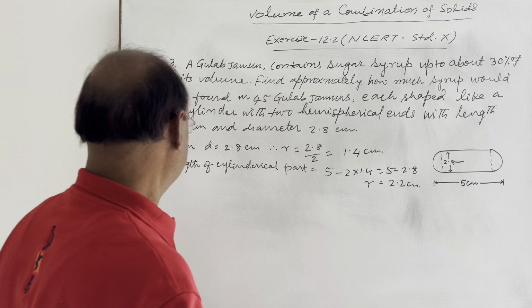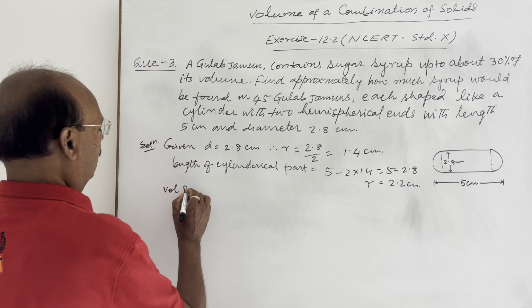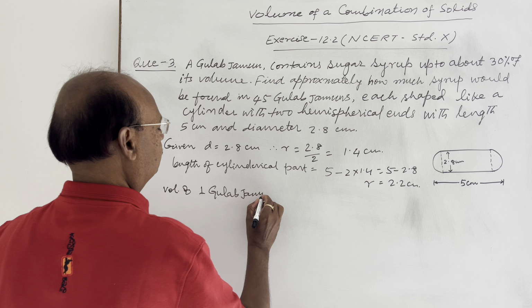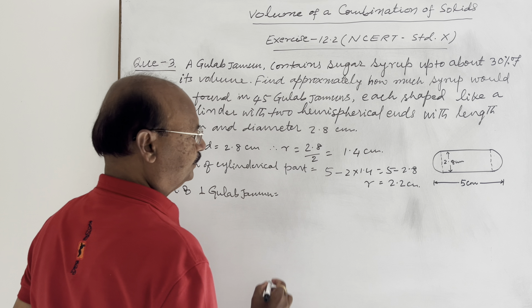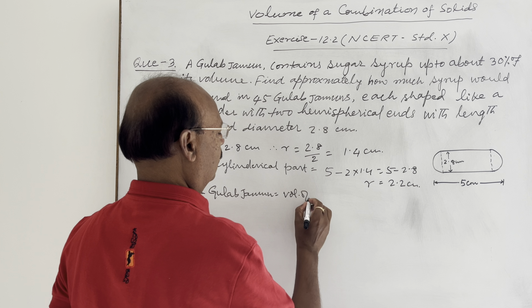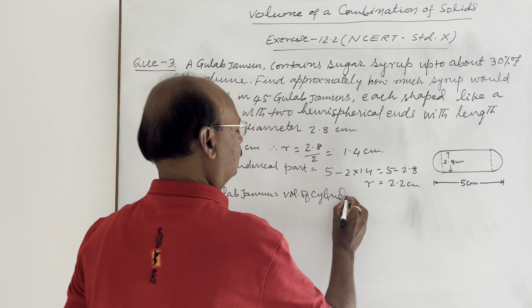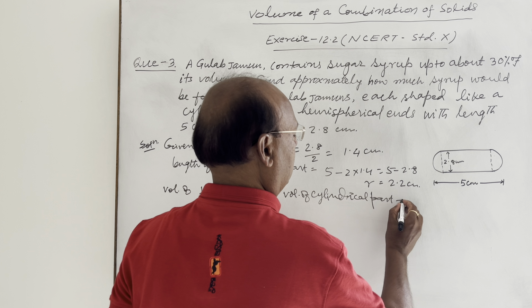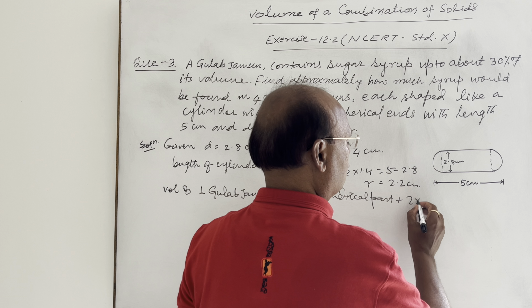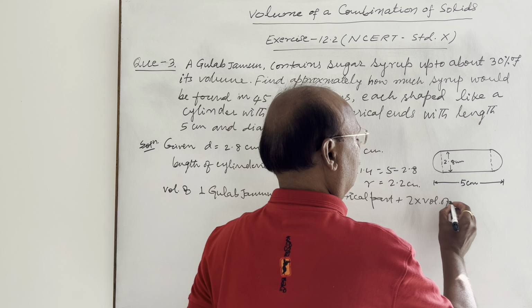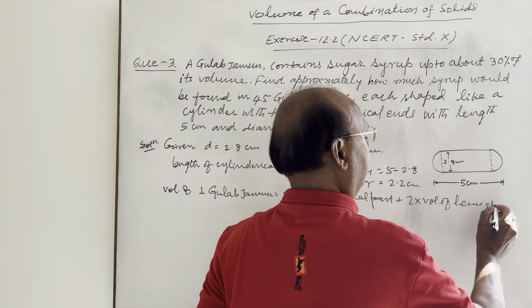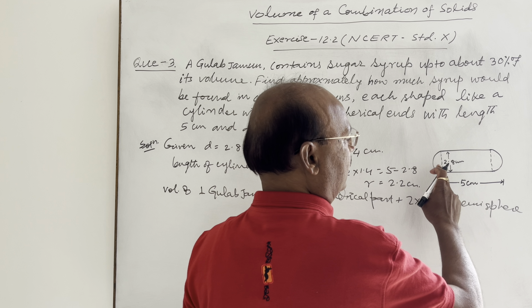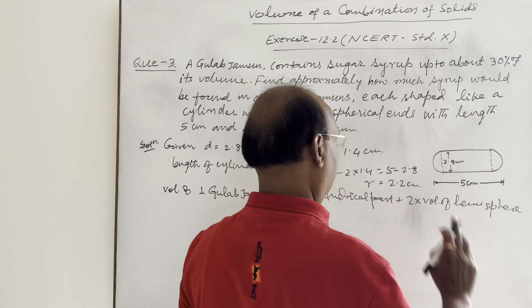So what is the volume of this gulab jamun? What is the formula? Volume of one gulab jamun is equal to volume of cylindrical part plus 2 times volume of hemisphere. 2 times because there are 2 hemispheres, one in each end.